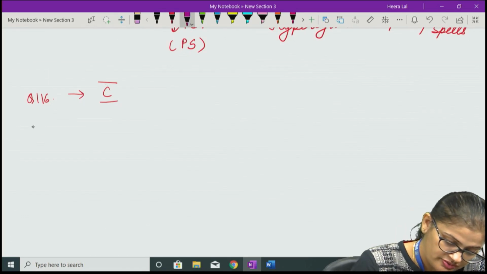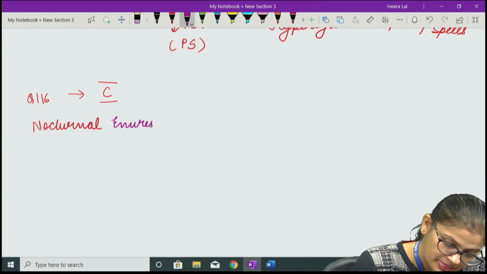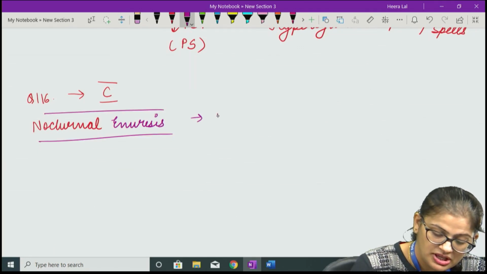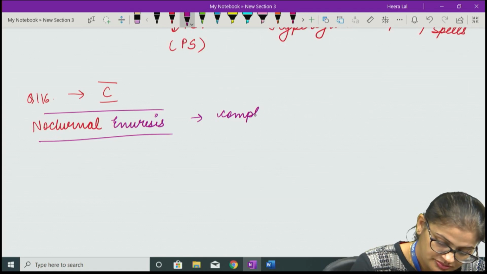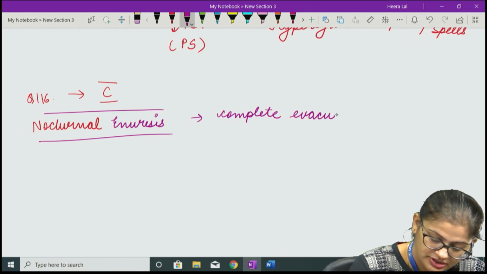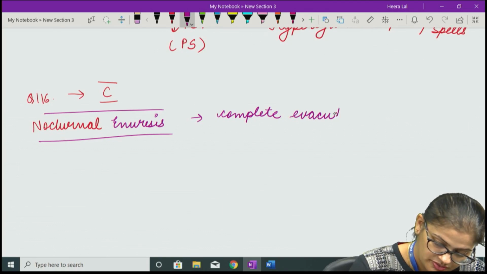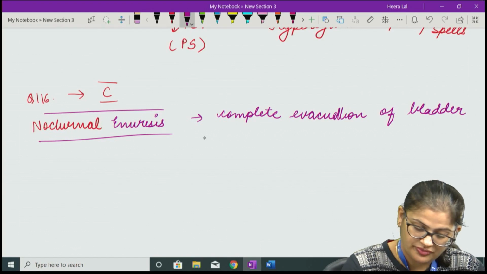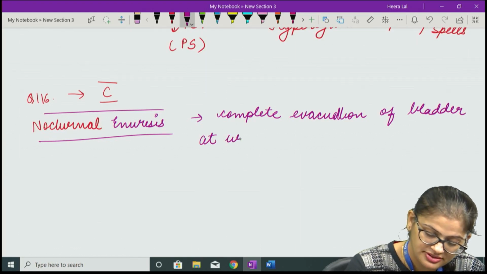So now we will just know something about nocturnal enuresis. Nocturnal enuresis is defined as complete or nearly complete evacuation of the bladder at wrong place.